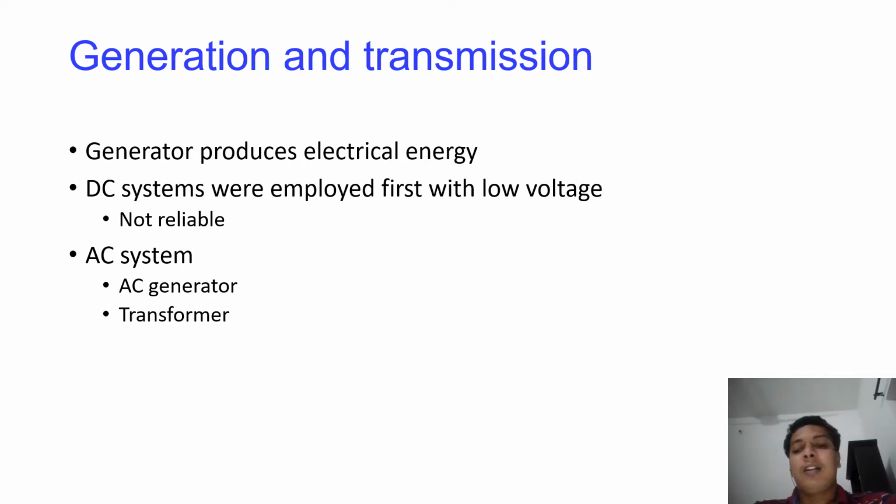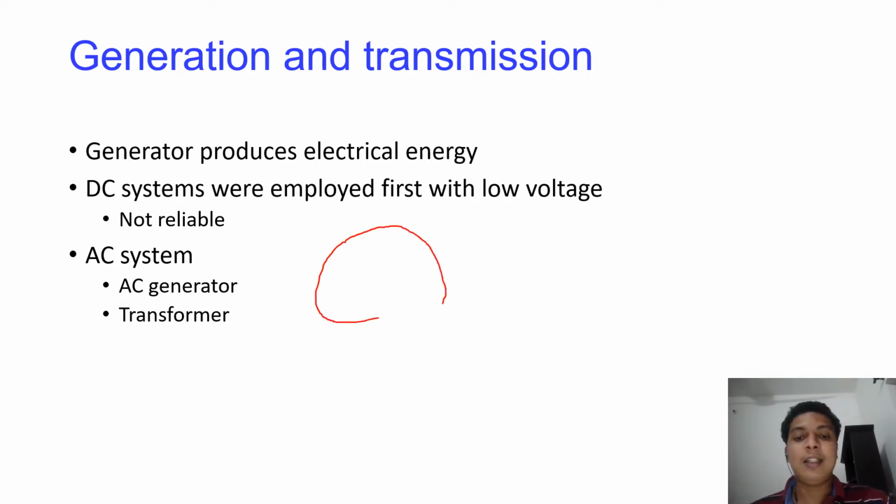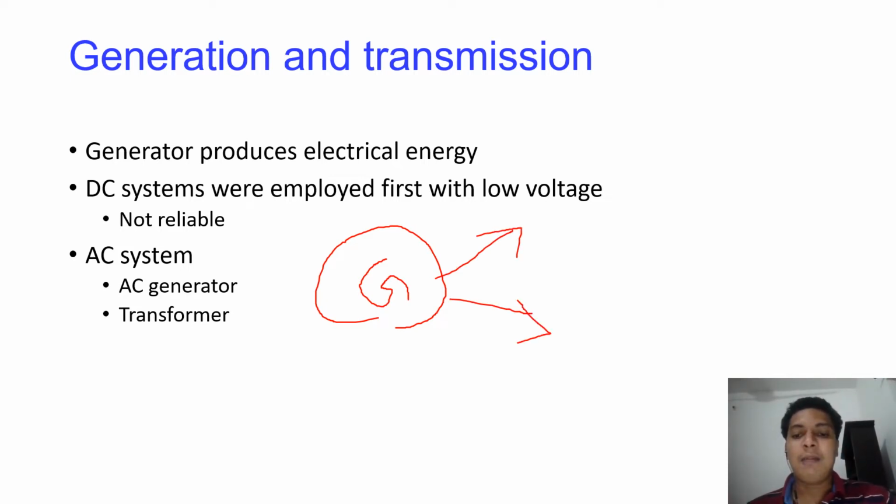When people found out the generator or dynamo, afterwards we started making electricity, and we thought about supplying it. We have a generator unit and we supply it to a number of consumers, so that system came into existence.